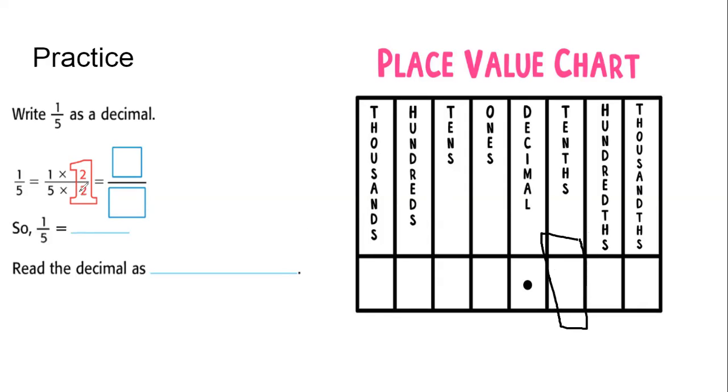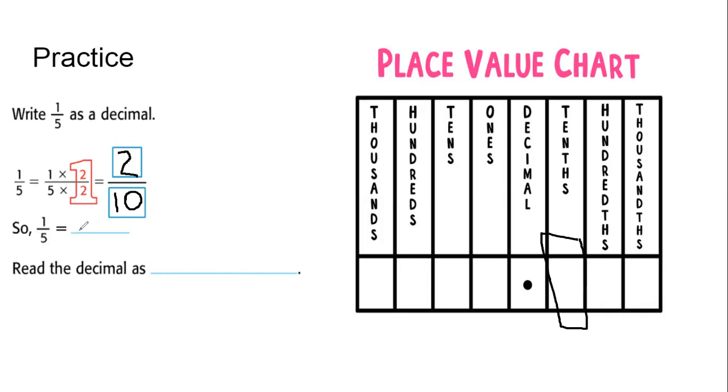So we're going to make an equivalent fraction, and I start on the bottom. 5 times 2 is 10, because I know that's going to be my denominator. And I multiply that same 2 by the numerator. So 1 times 2 is 2. Now I have 2/10.